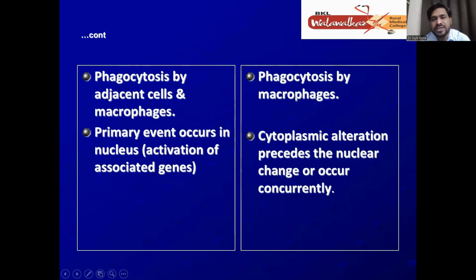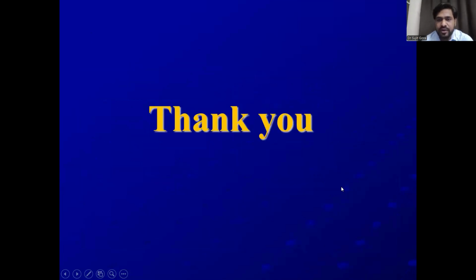In necrosis, phagocytosis is by macrophages. In apoptosis, the primary event occurs in the nucleus, that is, activation of the associated genes. But in necrosis, cytoplasmic alteration precedes the nuclear changes or occurs concurrently. So this is overall necrosis and gangrene.